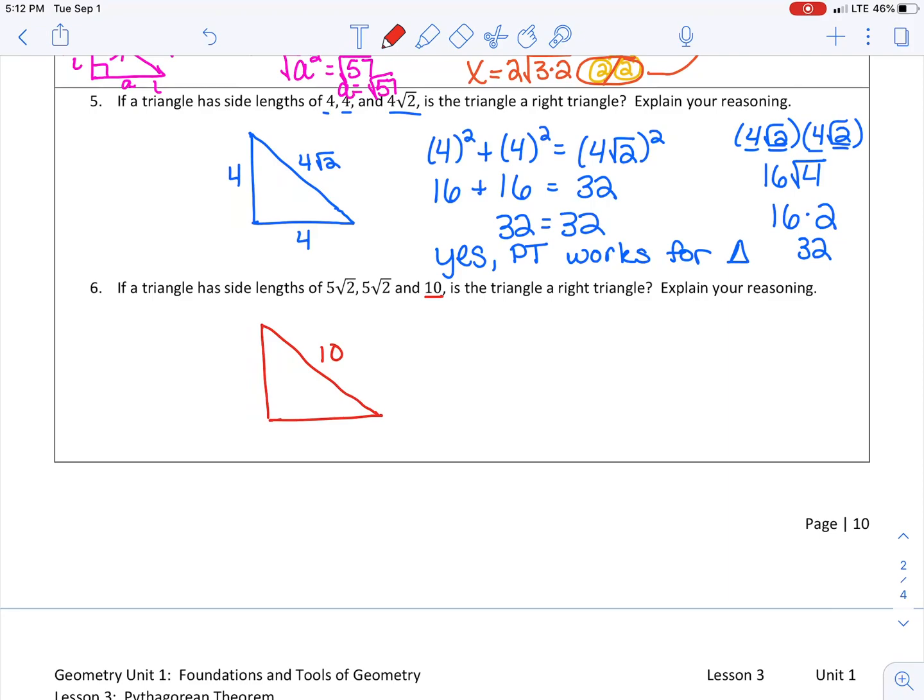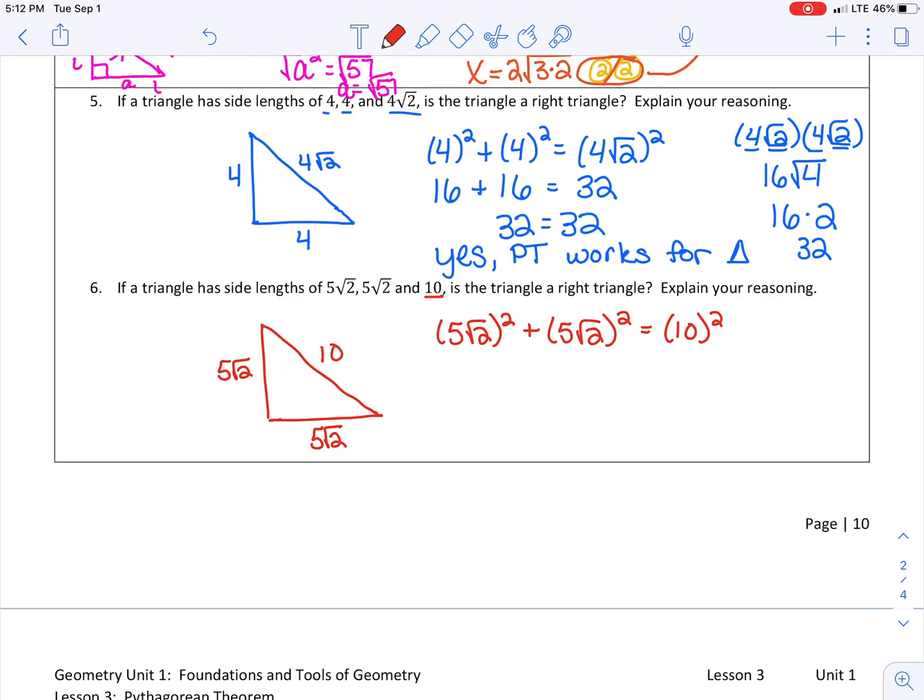So we're going to name that our hypotenuse, and our 5 root 2s are going to be our leg lengths. And we're going to plug this into the Pythagorean theorem just like we did in example 5. So we have 5 root 2 squared plus 5 root 2 squared equals our hypotenuse squared.